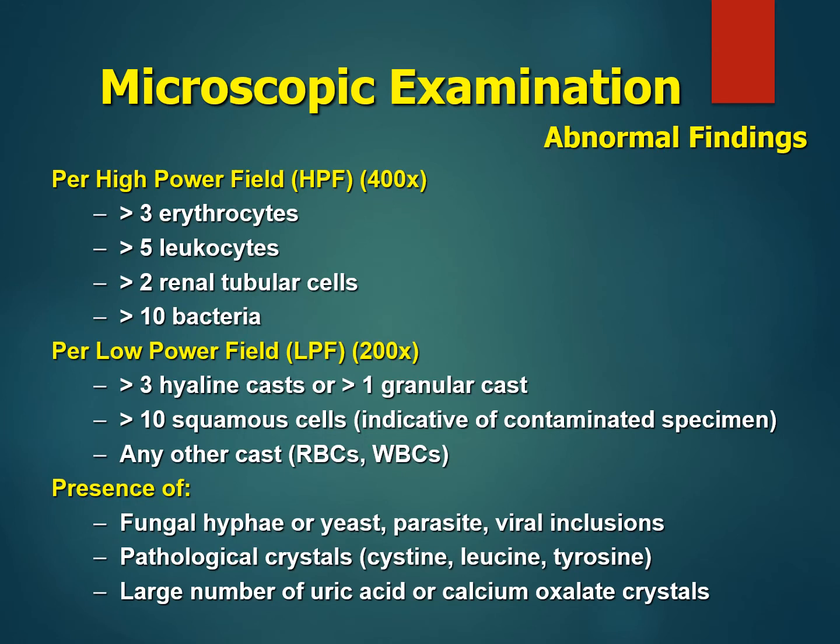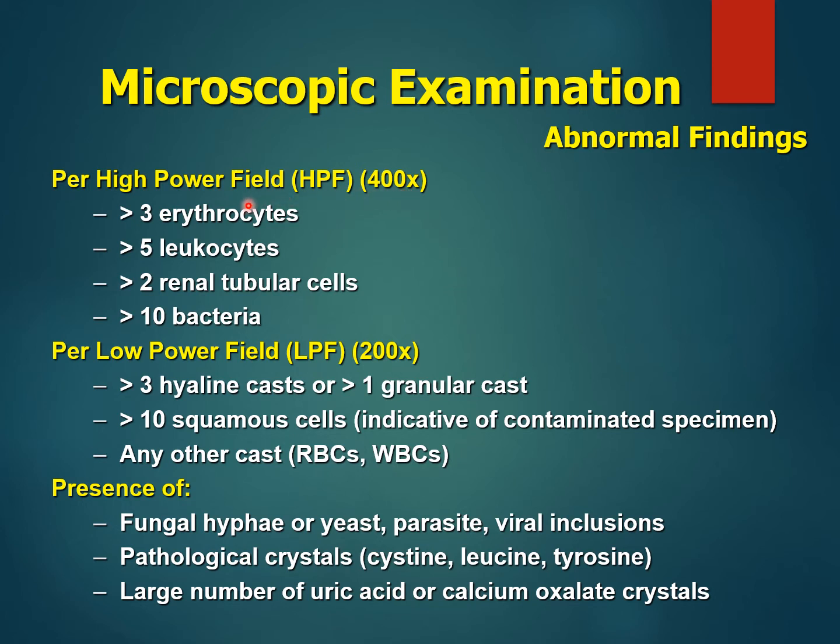By microscopic examination, we are looking at white blood cells or RBCs in the urine, which are always given by numbers per high power field or per low power field. High power field, HPF, means the microscope is magnifying the specimen up to 400 times.